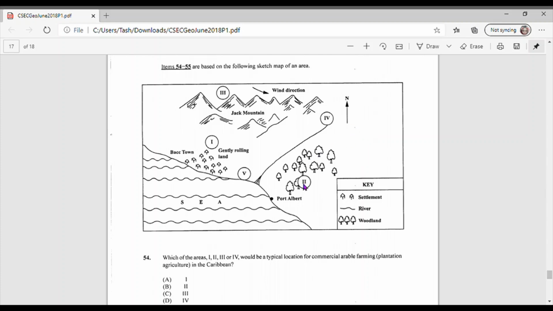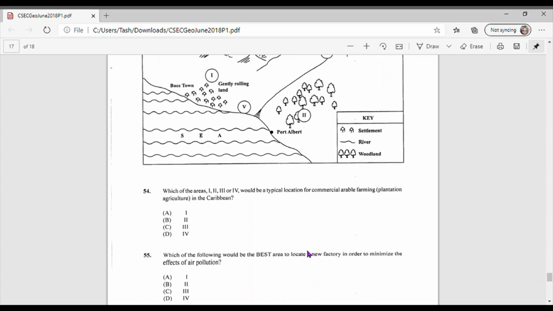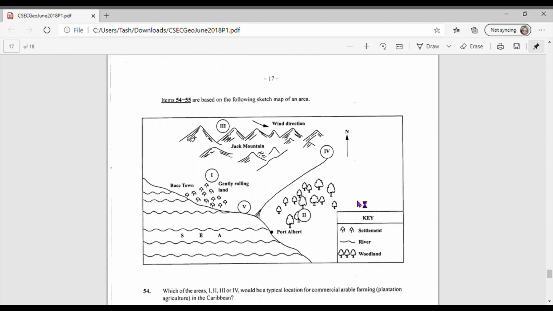And then we have 2. 2 is in a woodland area close to a port, and it is almost in the direction of the wind as well. The thing with removing the trees at the port is that since the question says best area to locate a factory to minimize the effects of air pollution, if you were to remove the woodland, you would also be removing a means of cleaning the air if deforestation was to take place.